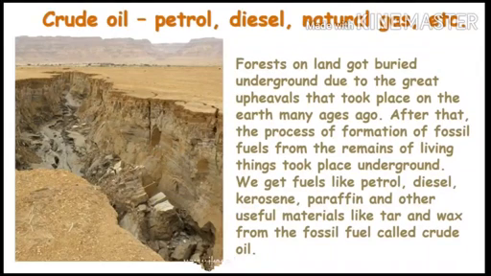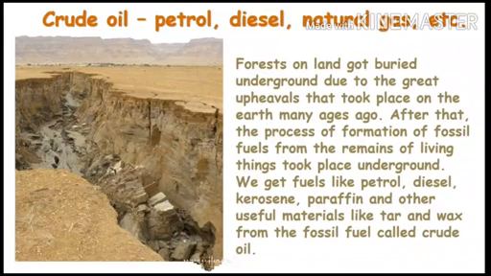Now let's learn how crude oil such as petrol, diesel or natural gas is formed. Long years ago, forests on the land got buried due to great upheavals. Upheavals means earthquakes or volcanoes that took place on the earth.